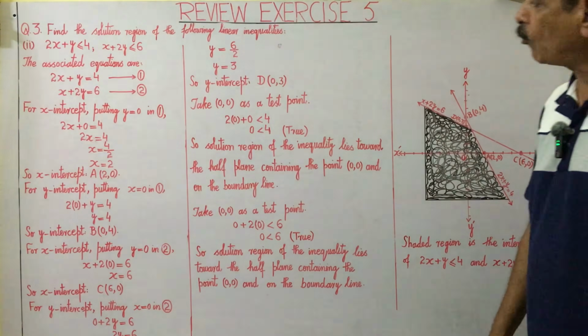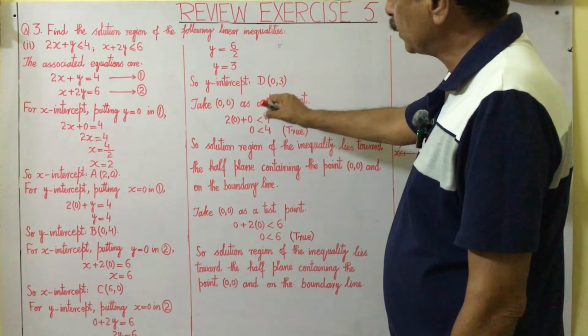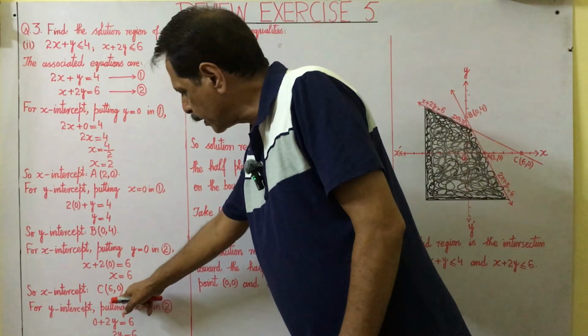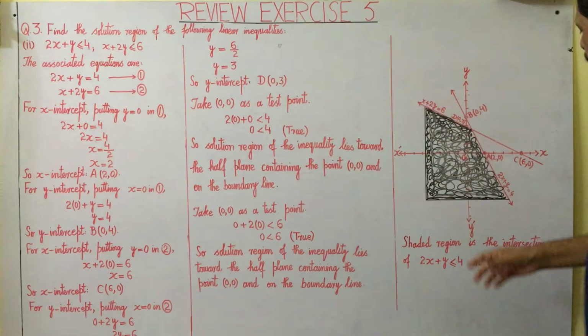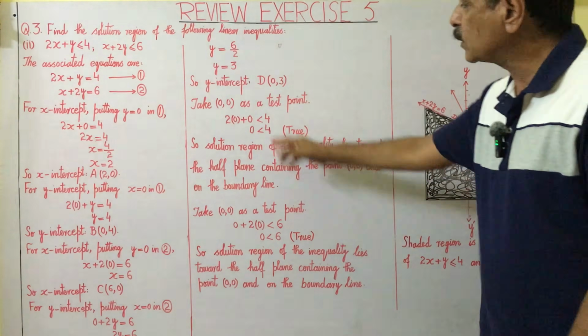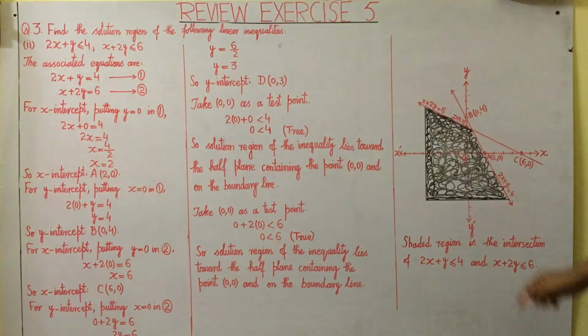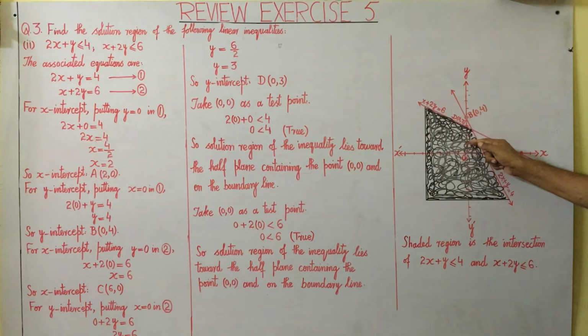Now plot the points. First of all, you see point C having coordinates 6 and 0: 1, 2, 3, 4, 5, 6 and 0. This is point C. Second one is point D having coordinates 0 and 3: 1, 2, 3.